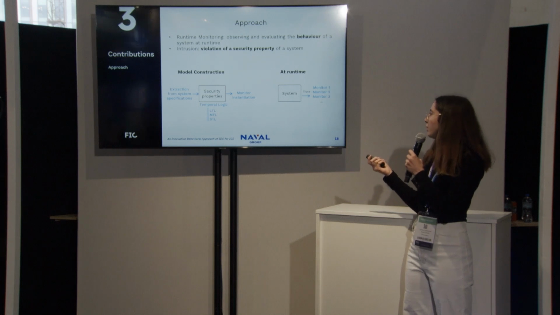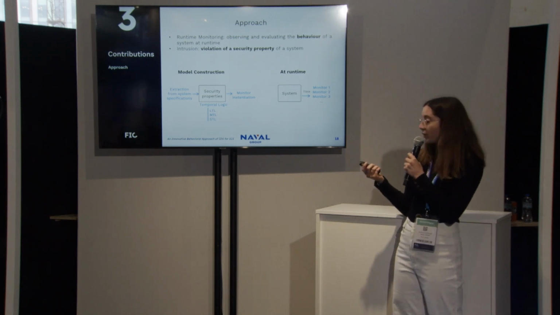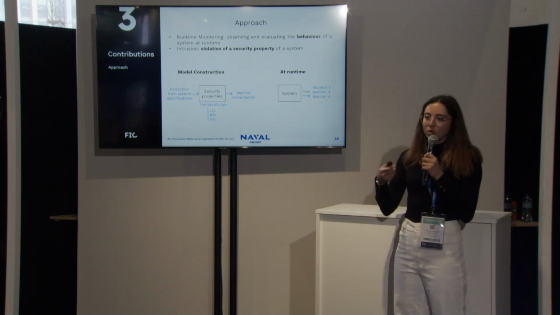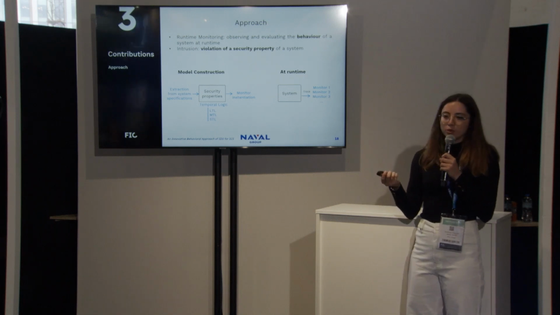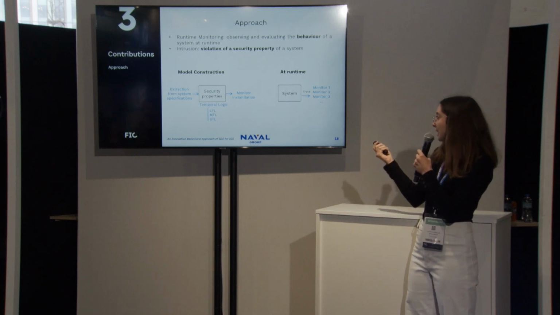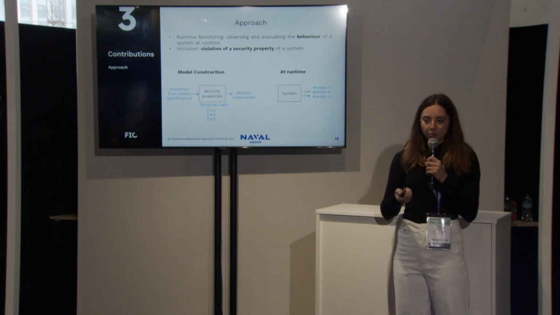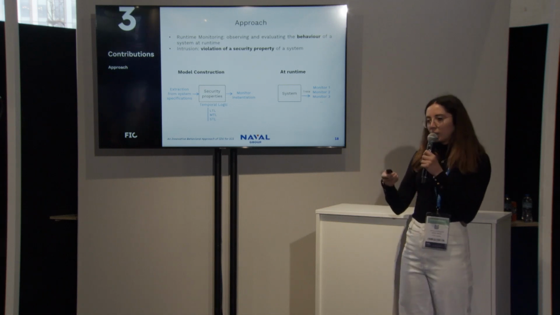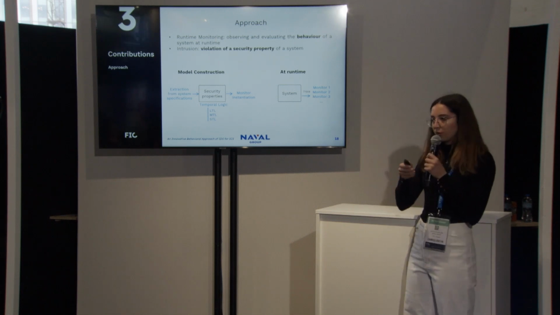With the building of all the security properties, we extract them from the system specification. We use formalisms of temporal logic to express the security properties, such as LTL, MTL, and STL, so linear temporal logic, metric temporal logic, and signal temporal logic. And then this will help us to instantiate our monitors. So this is the first phase.